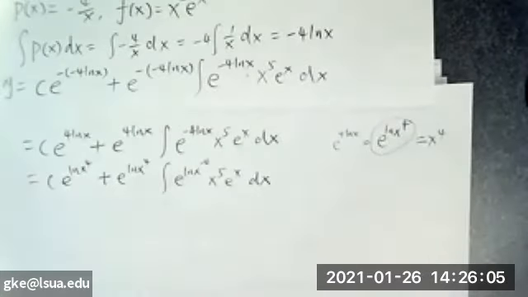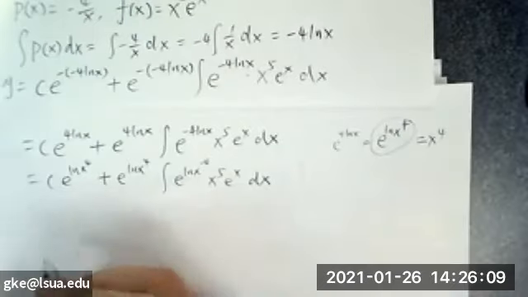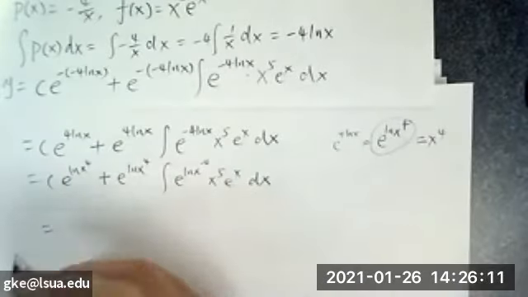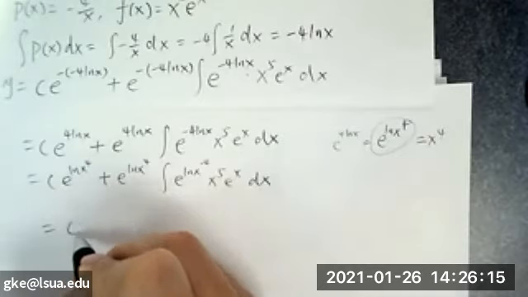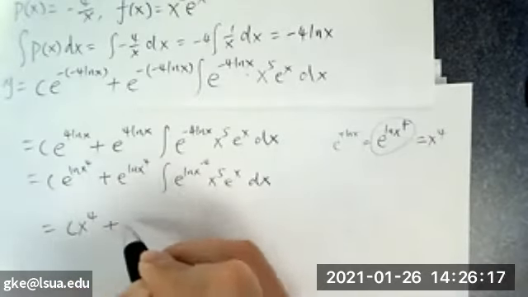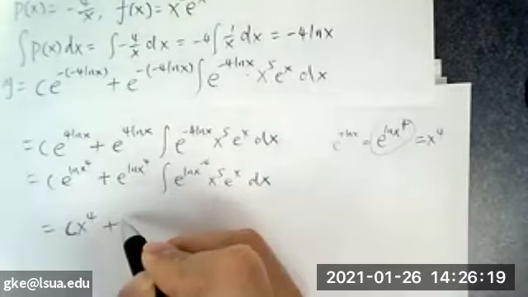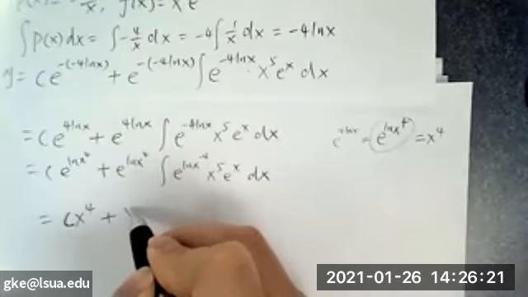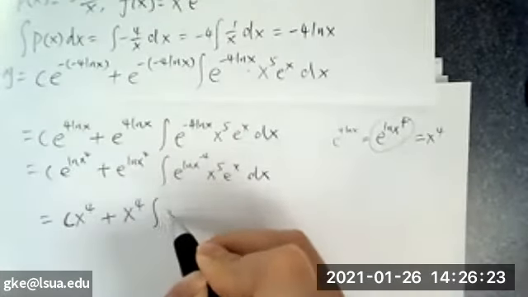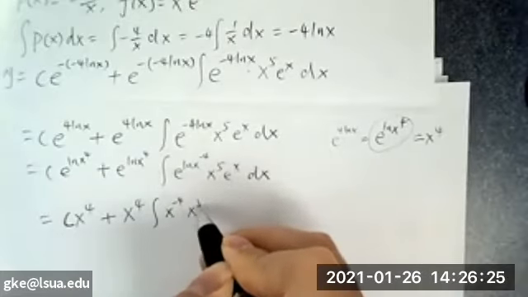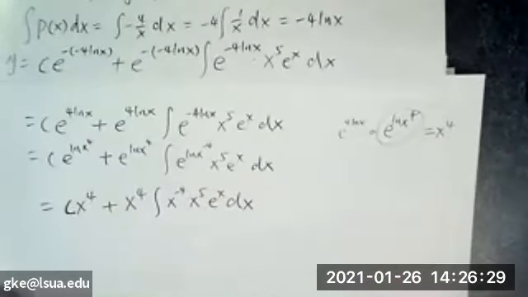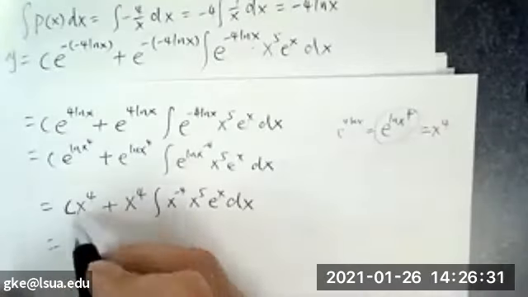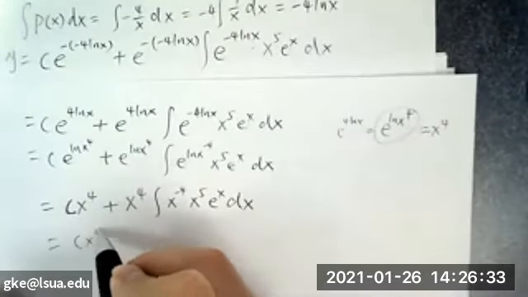And this guy will be what? This guy will be c x to the power 4, so c x.